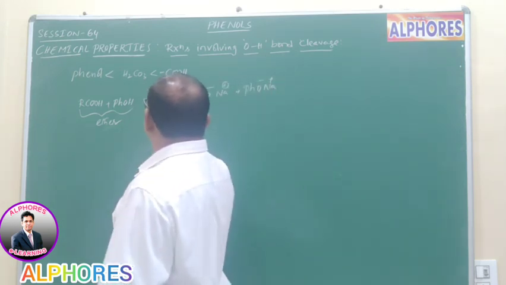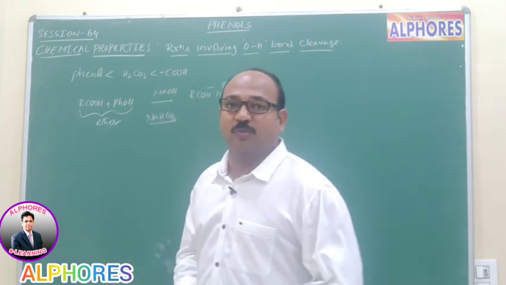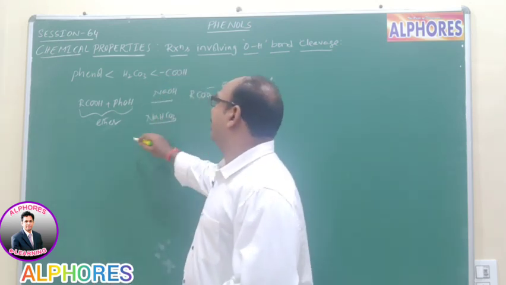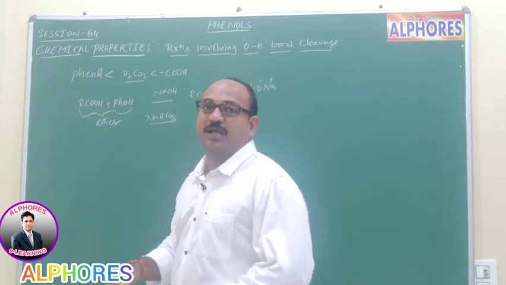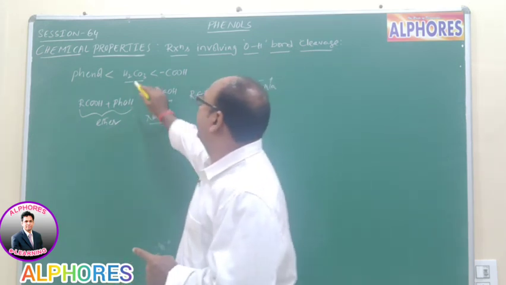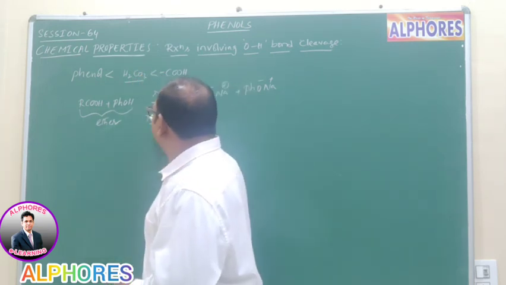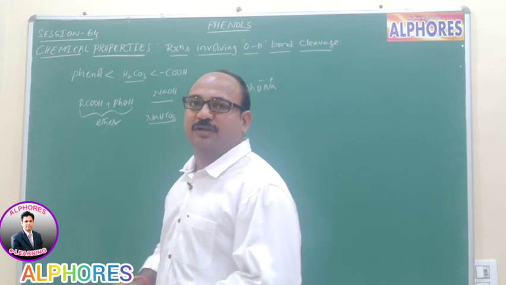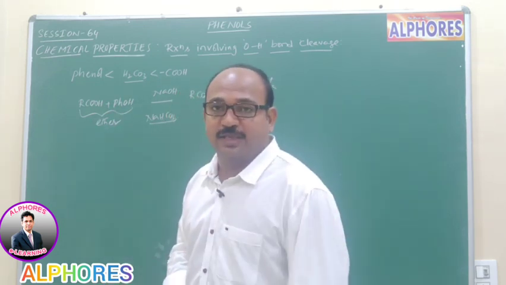Now consider the reaction with sodium bicarbonate. Sodium bicarbonate is the conjugate base salt of carbonic acid. Sodium bicarbonate does not react with phenol, but it reacts with carboxylic acid.